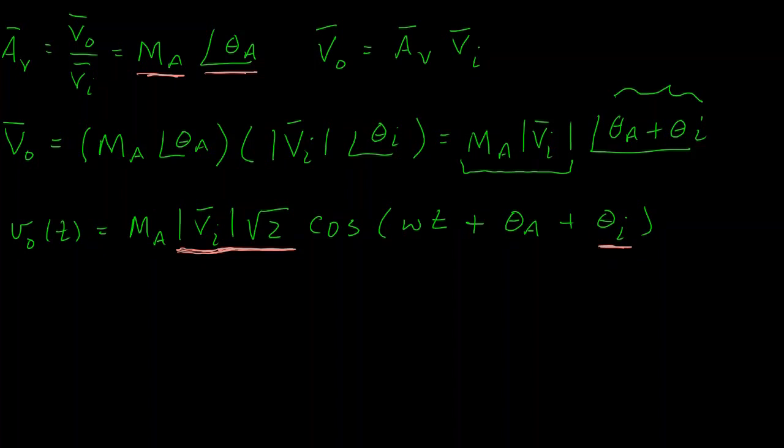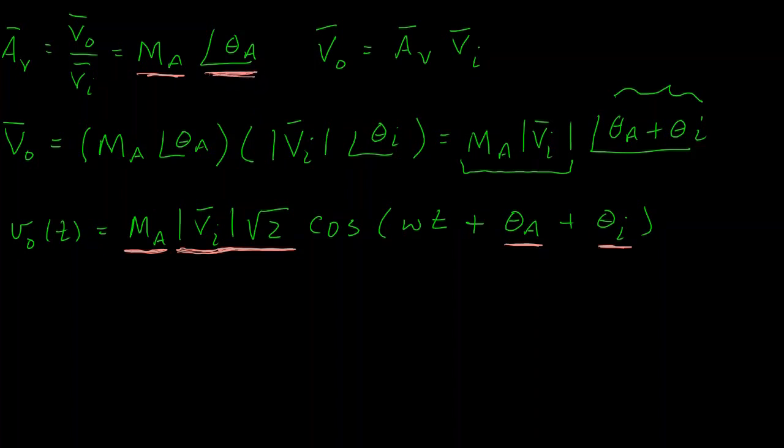Now, the difference is that the amplitude of the output is also multiplied by this magnitude MA, which is the magnitude of AV. And then we also shift the phase of the output signal with respect to the input by an angle theta A, which is the angle of AV.